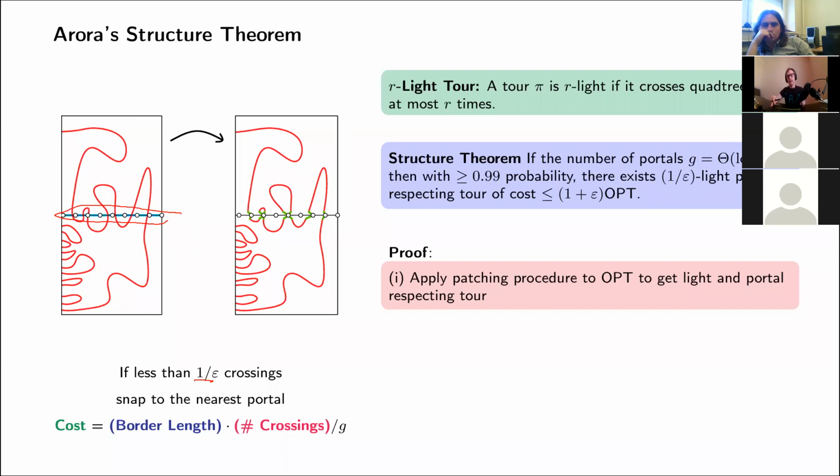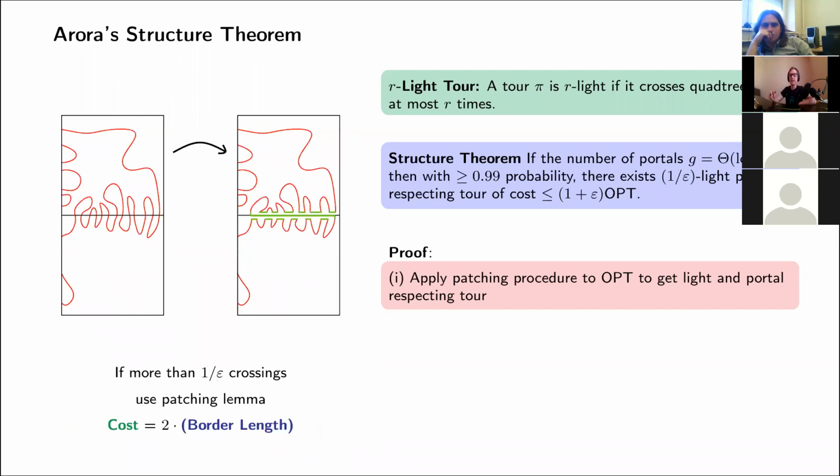Okay, but it can happen that the tour is crossing this edge more than 1 over epsilon times. So then comes what is called the patching lemma of Arora that we expand on.